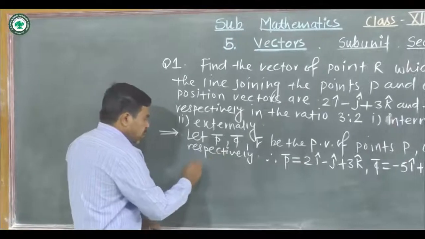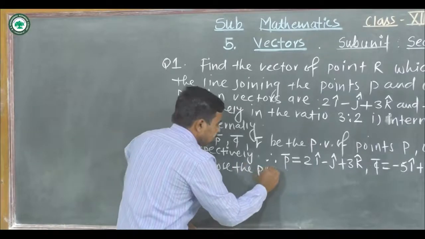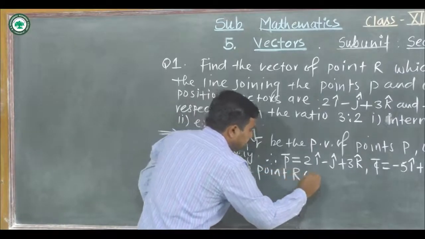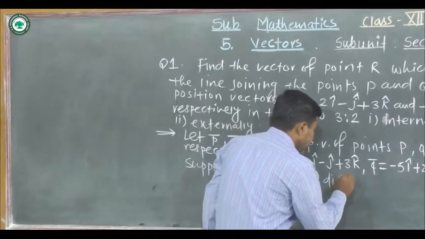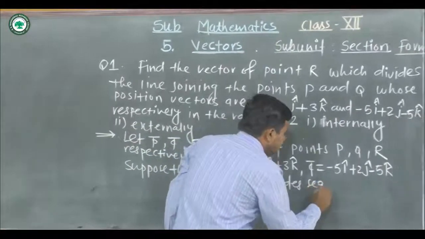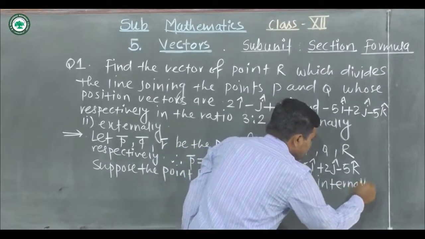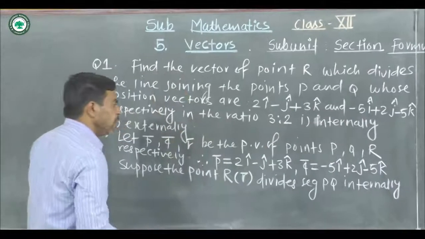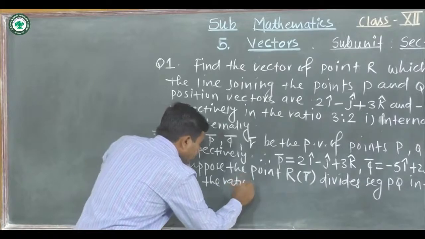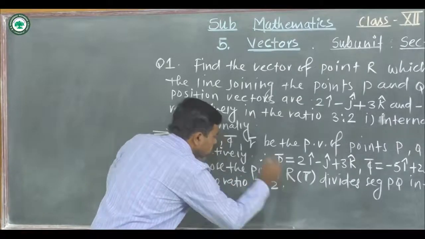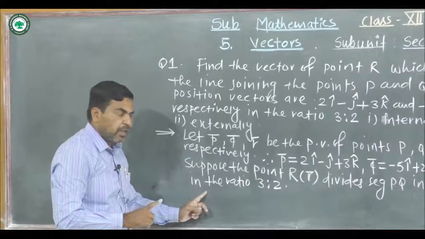Now firstly suppose the point R with position vector r bar divides segment PQ internally in the ratio 3:2. So now here we have to use section formula for internal division.